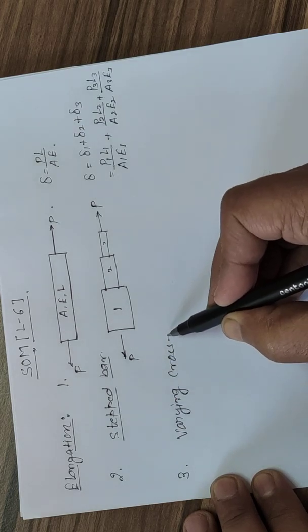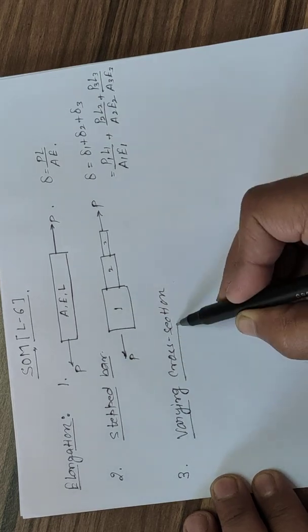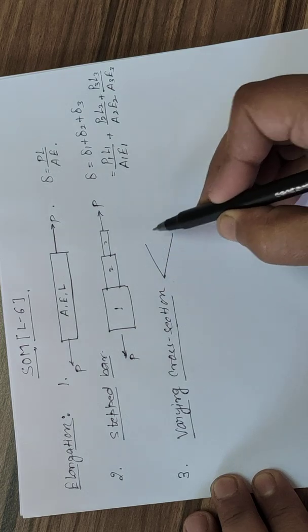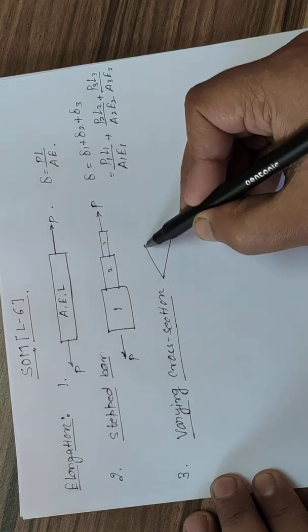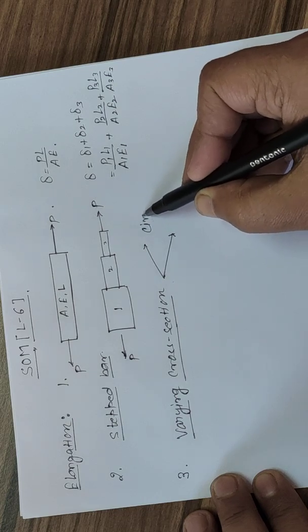The third case is where we have a varying cross section. Now the cross sectional area is varying. In the third case we have two cases. One is when the cross sectional area is circular.